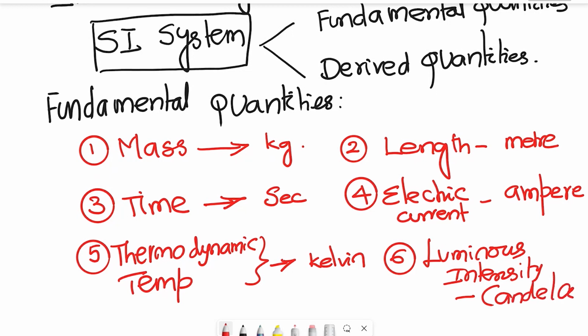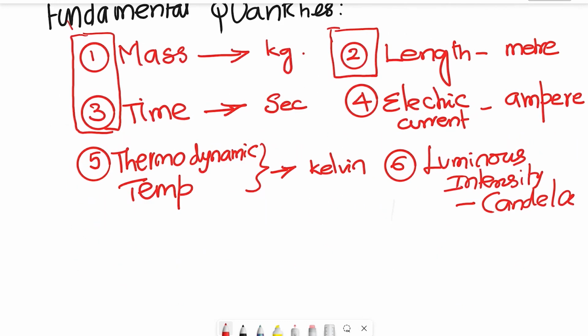So these are the six fundamental quantities in the System International, SI system. But 1, 2, and 3 are important for us in this particular course. So mass is in kg, length is in meter, time is in seconds.